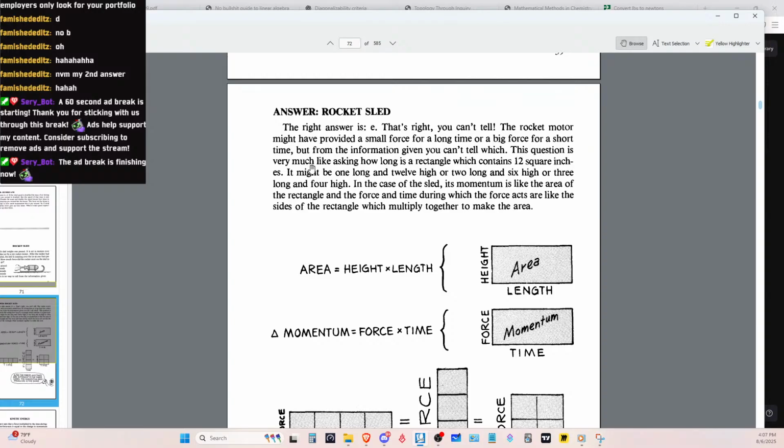This question is very much like asking how long is a rectangle which contains force. Okay, so let's give you an example here. In the case of the sled, its momentum is like the area of a rectangle, and the force and time during which the force acts are like the size of the rectangle.